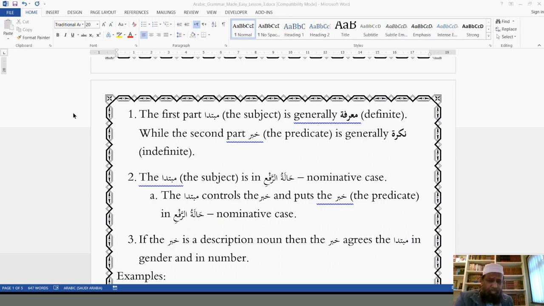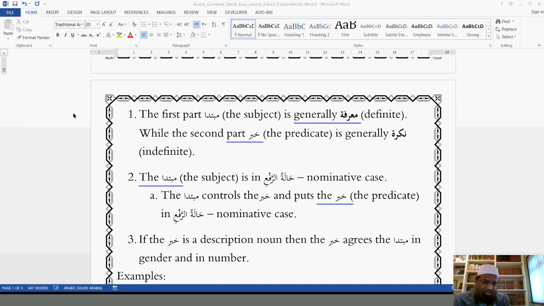Another way you can remember is that Mubtada and Khabar are both always in Halatul Rafa. But what is the thing that is putting the Mubtada in Halatul Rafa? The grammarians say it is the starting.